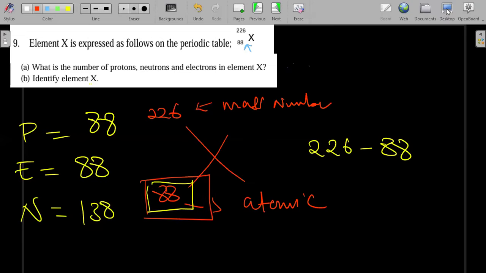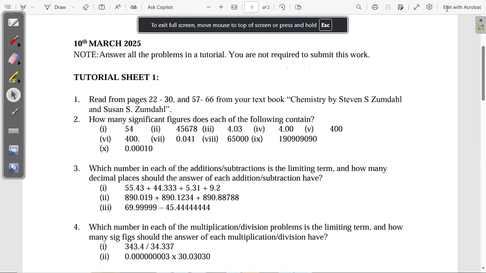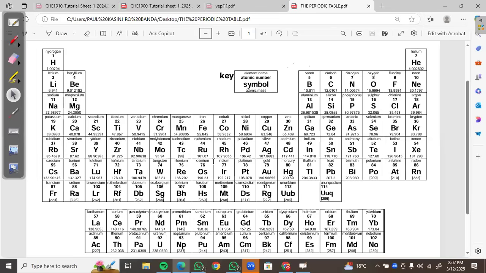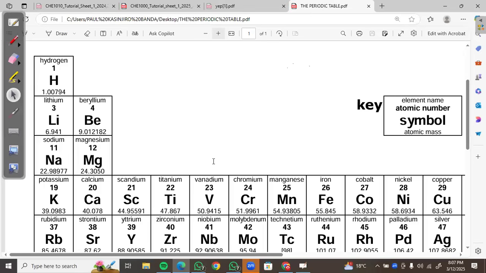If I go to my periodic table here, I hope you are able to see it. According to its key, on top we have the atomic number, and down there the atomic mass, or the mass number. So I'm looking for an element that has 88. It should be this one here.